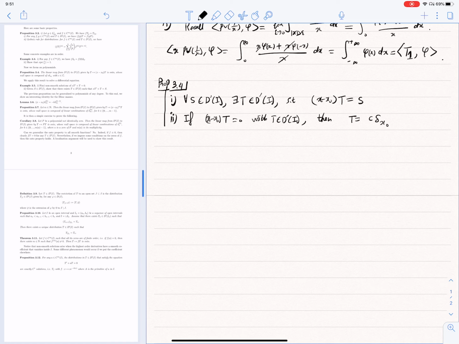Now, this is another way to reformulate the proposition on the range of the operation and the null space of the operation product by a linear function. Okay, let's give a proof of this.